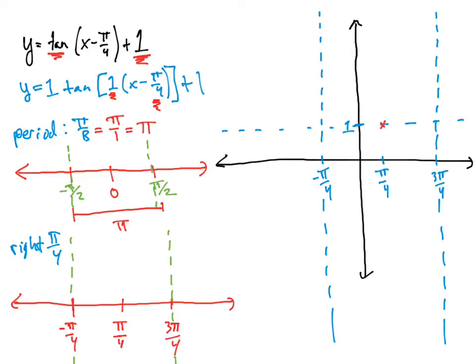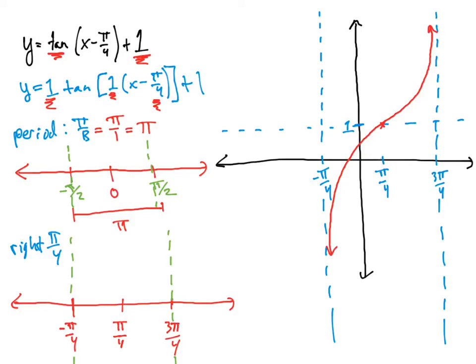So we're going to cross right here. Now typically the tangent graph is going to be increasing. The leading coefficient is positive, so we don't have any vertical reflection. So this graph is going to increase towards this asymptote, and then it'll be going close to this asymptote. And there is the graph.